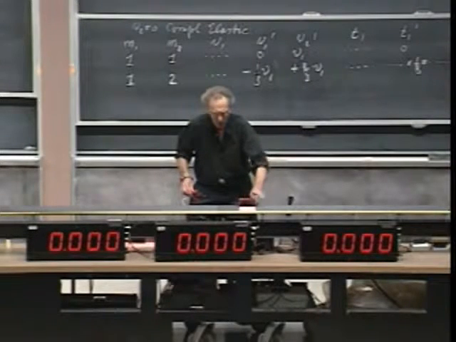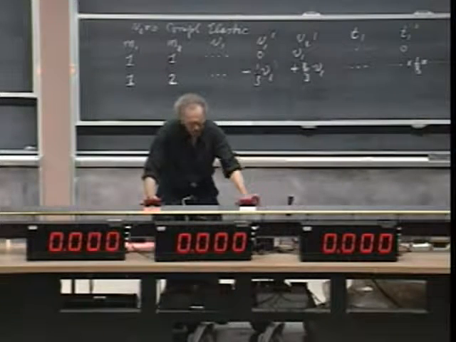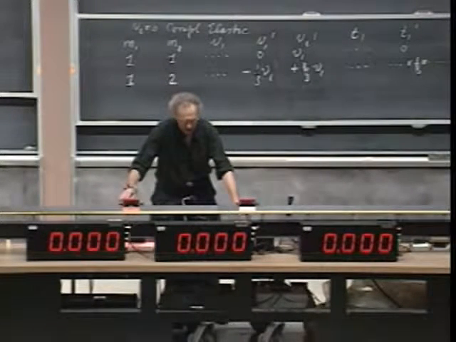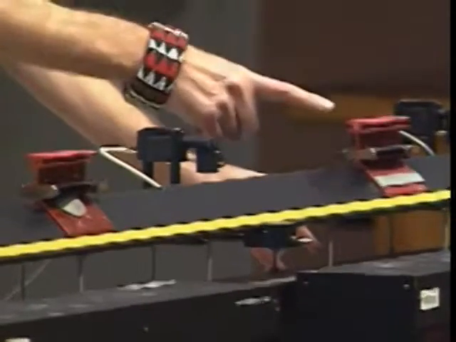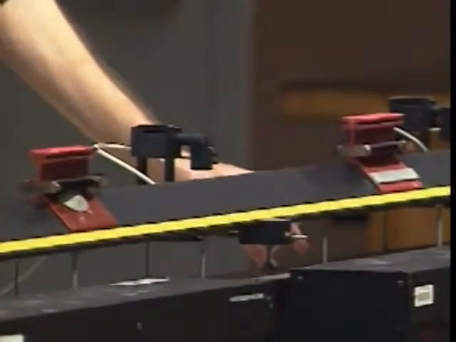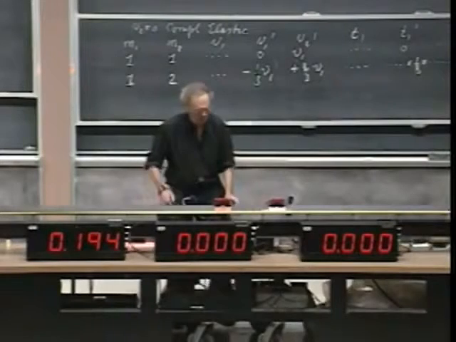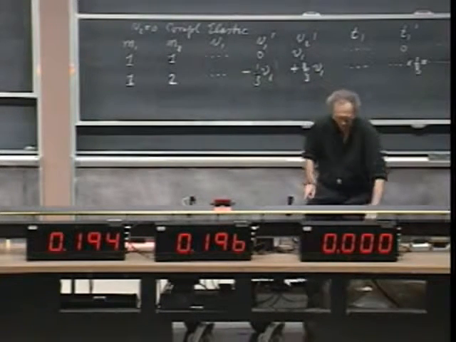This is the one that will have no speed, and this is the one that we're going to give a velocity. You ready? I hope you know what you're going to see. This one will come to a halt, and this one will go on. They have the same mass. There we go. This one is indeed coming to a halt, and this one took over the speed.